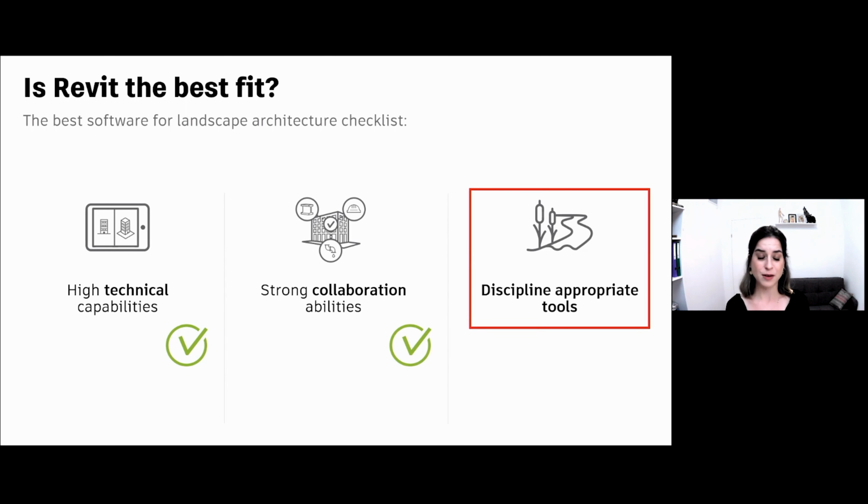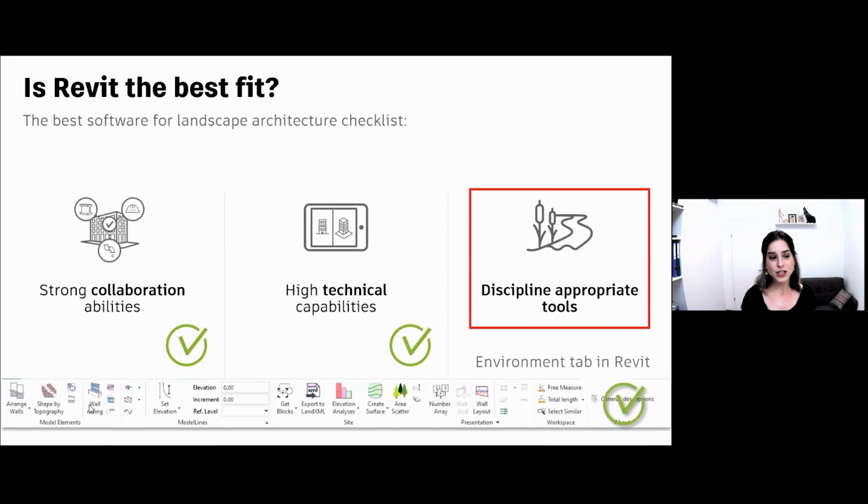It requires them to learn more and more software. And this is actually the problem that we were trying to solve. So we created the Environment tab within Revit. This tab is your go-to for anything and everything regarding the outdoors. You can see that it's designed as a natural extension to Revit, so you will feel at home in Revit, but in your Environment tab.